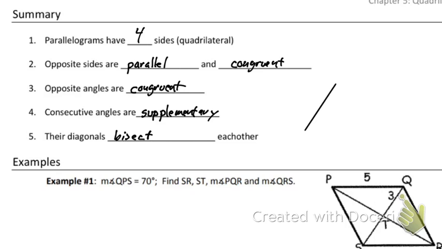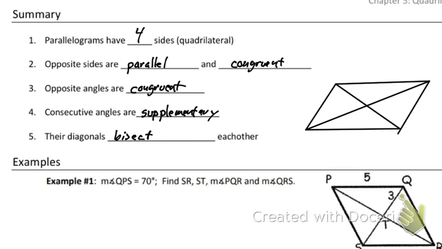So I'm just going to draw a parallelogram off to the side. We're going to kind of mark it up, because this is what you should be thinking about every single time. I'm going to draw two things bisecting. All right, you should immediately think opposite sides are congruent. You should be thinking opposite angles are congruent.